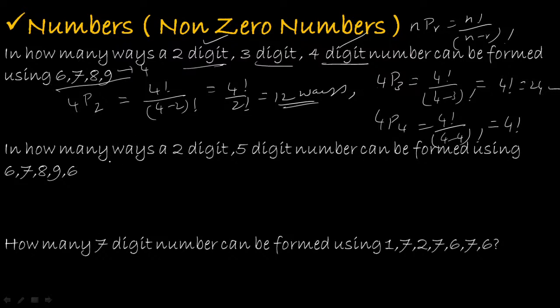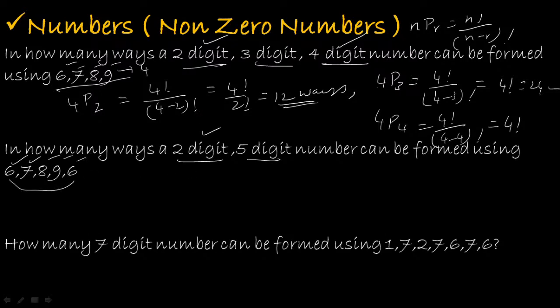Let me move on to the next one. Here, look, none of the digits 6, 7, 8, 9 repeats more than once. So as usual we do in case of words, that is the problem we have discussed under words. In how many ways can a 2 digit and 5 digit number be formed using 1, 6, 7, 8, 9, 6? Here the digit 6 repeats 2 times.